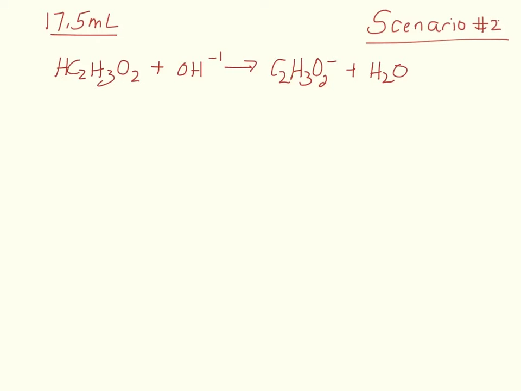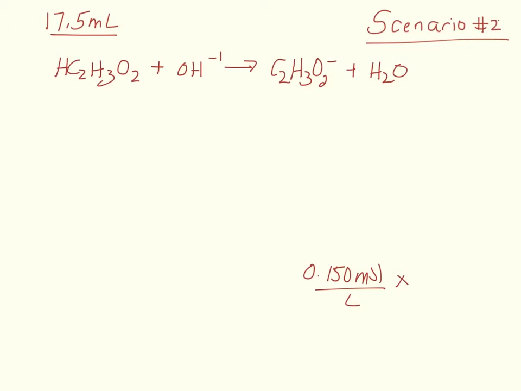So I'm going to write down the moles of acetic acid that I have. I'm going to write down how I'm going to get these moles, but then I'm going to be erasing how I determined that. So the way that I determine the moles of acid is I write down the molarity of the acid, 0.150 moles per liter, and I'm just going to multiply that by the volume of the sample in liters.